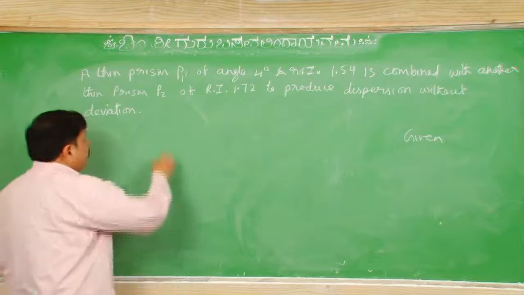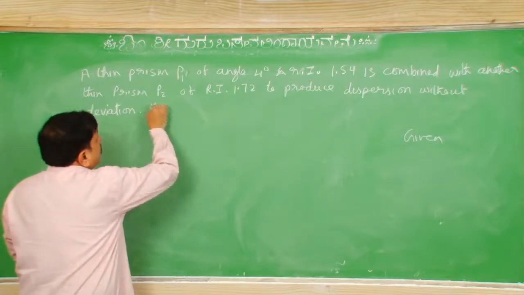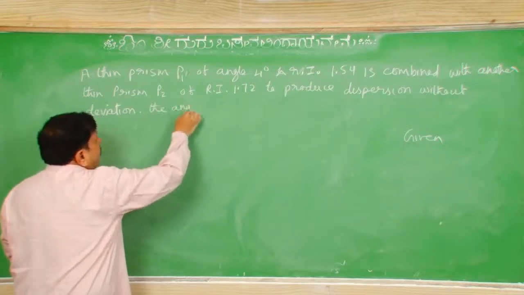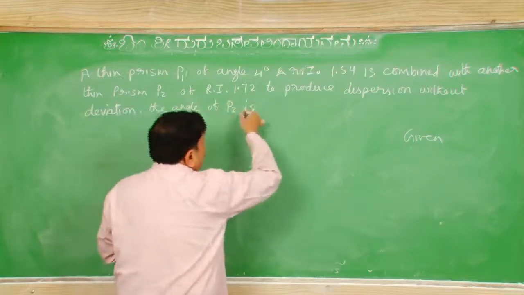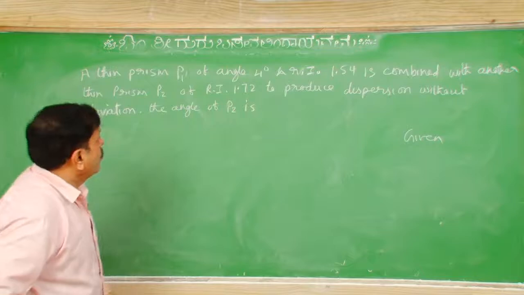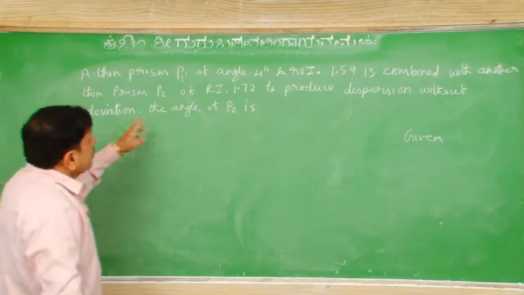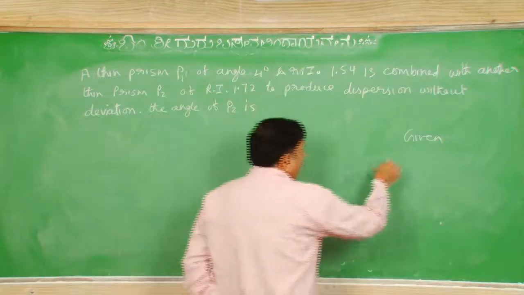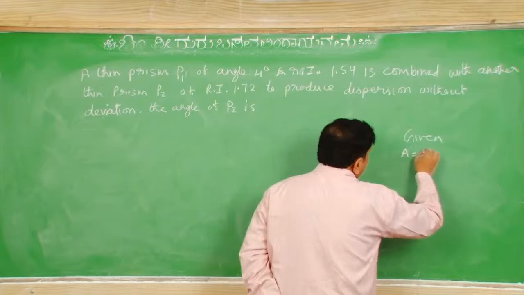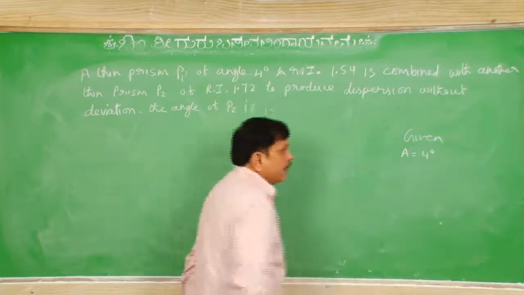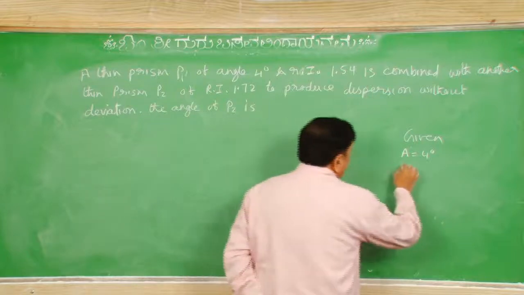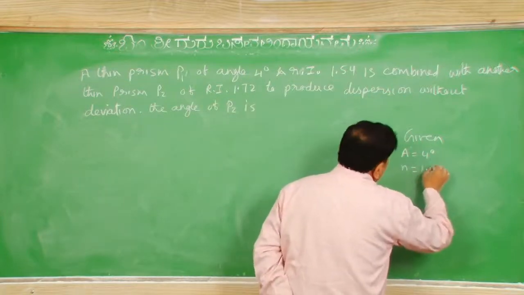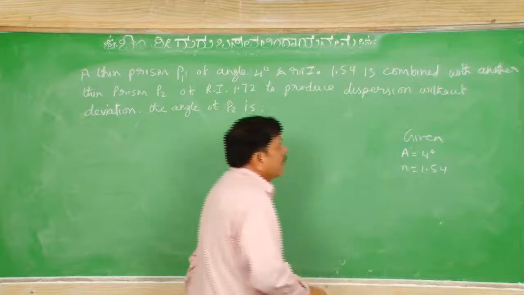Now, what's given? A thin prism P1 of angle, we'll take this one as A equal to 4 degree, the first prism's angle. Refractive index will be N equal to 1.54.